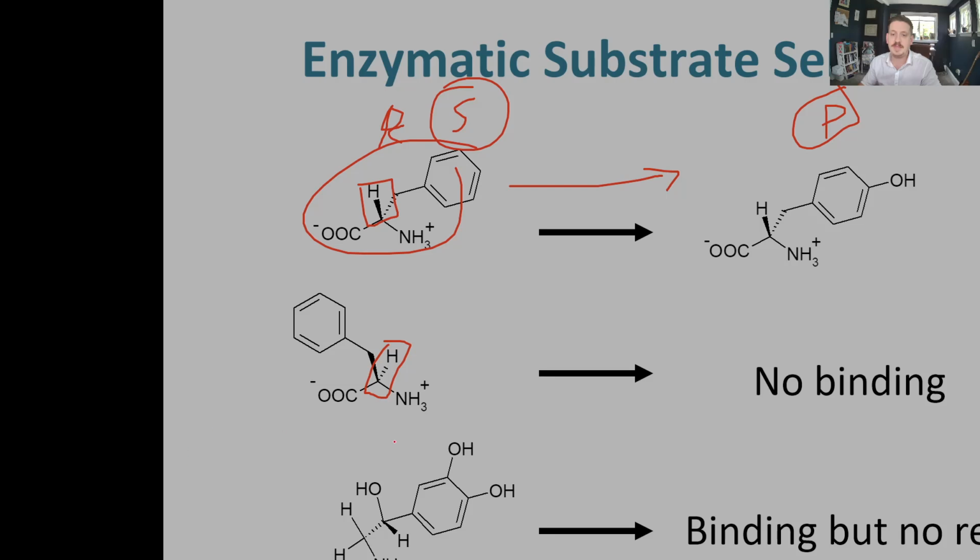So maybe the L will bind, but the R will not, the D will not. So you can control which one reacts, and this one will not even bind, or maybe this one will bind, but nothing will happen.